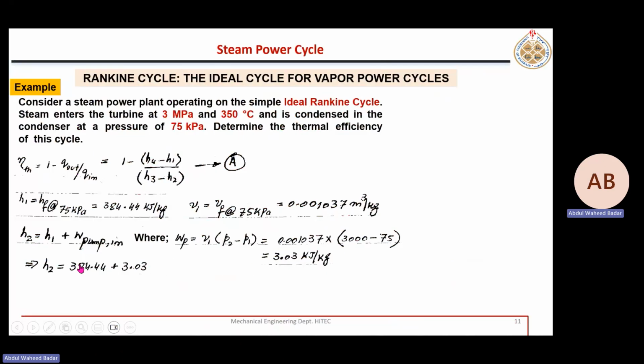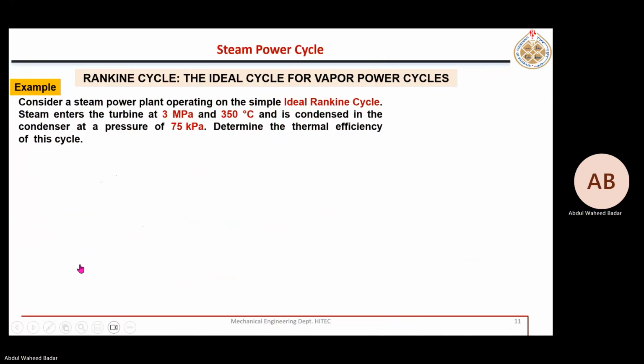Now let's see this question. Quickly, this is the simplest question we can have in this chapter: an ideal Rankine cycle.